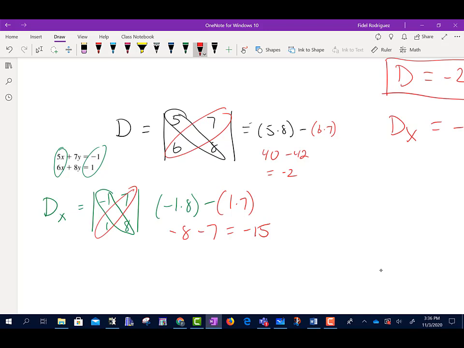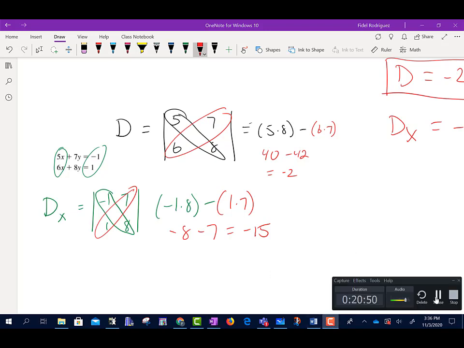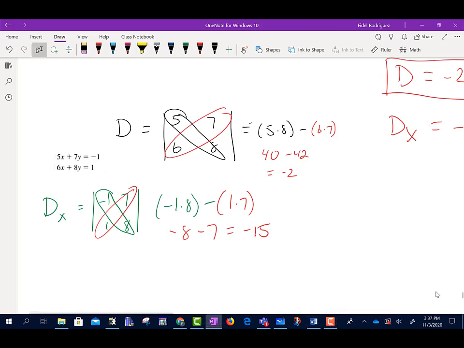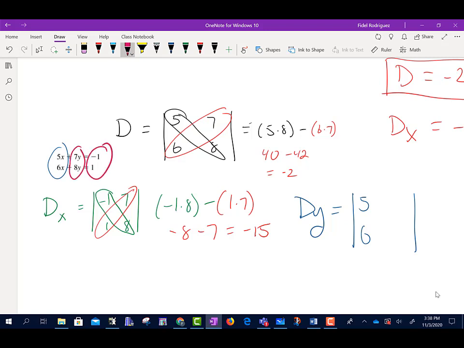Let me double check something, guys. Okay, so now let's go ahead and find dy. Let me get my pen going again. Here we go. Okay, so dy. Remember, when I'm doing dy, my x coefficients are going to stay the same. This is going to be 5 and 6. But we're going to replace these y coefficients with these over here.